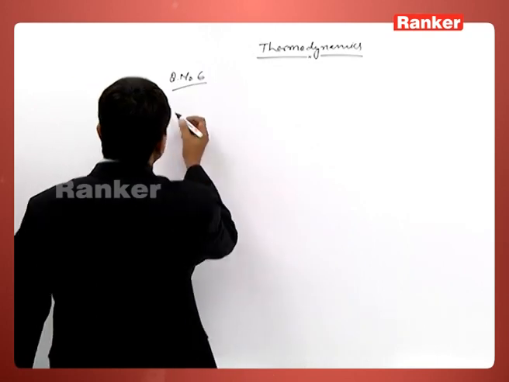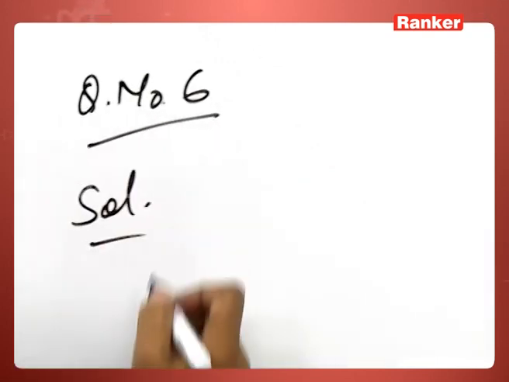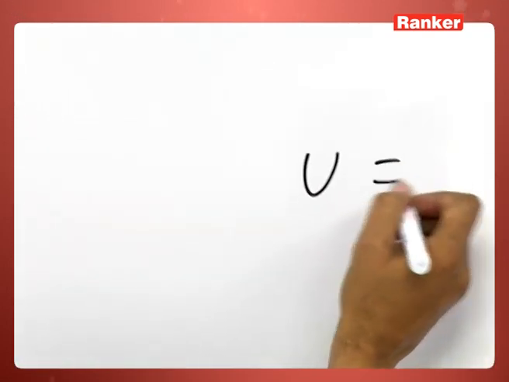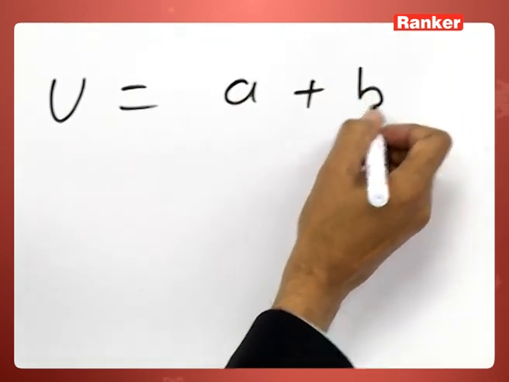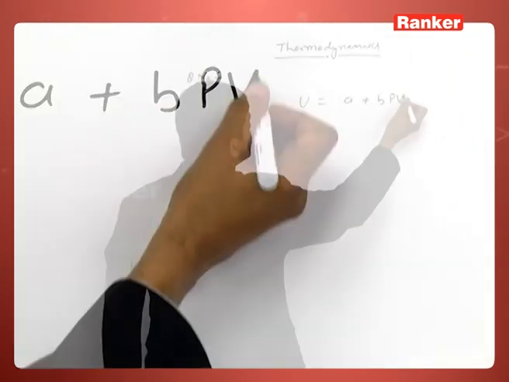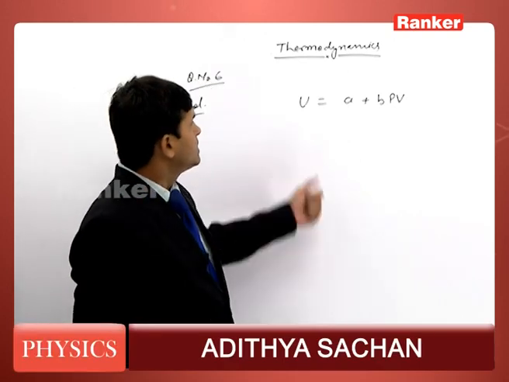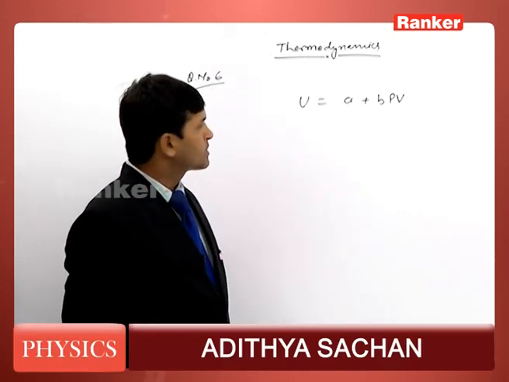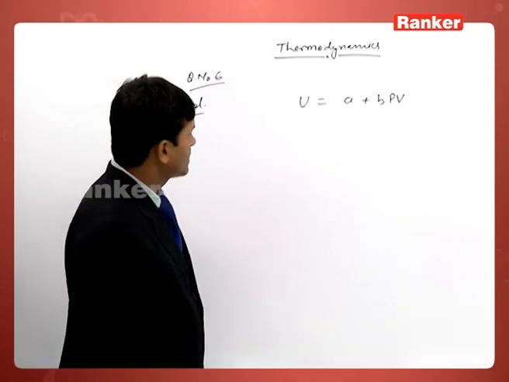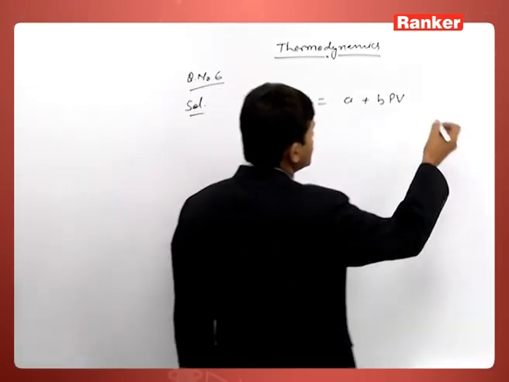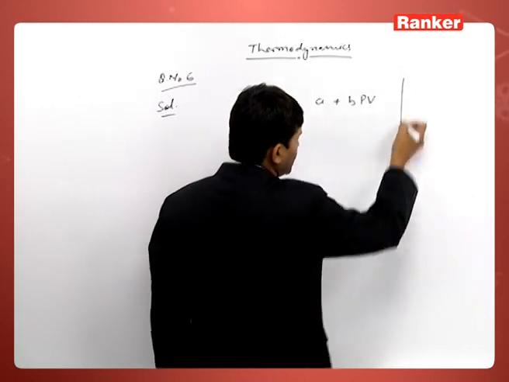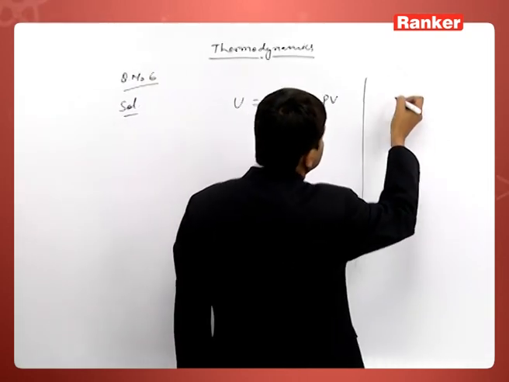As per the given question, U is given as A plus B into PV, and we want the value of the adiabatic exponent. U is the internal energy.